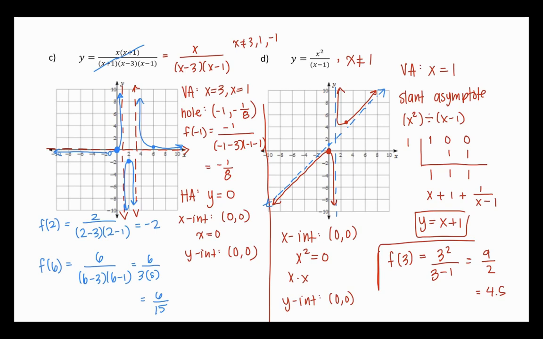The big things that I'm going to be looking for as far as graphing is, do you have your asymptotes correct? Do you have your intercepts correct? And then are you in the correct regions of the graph? Is your behavior around the asymptotes going the correct way?